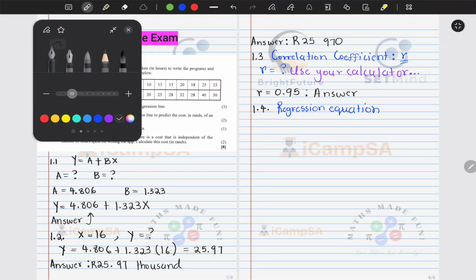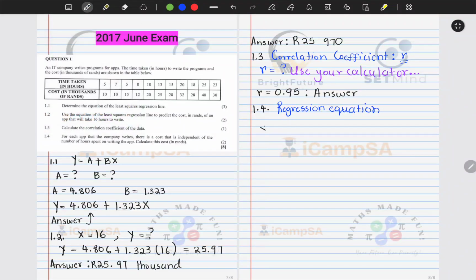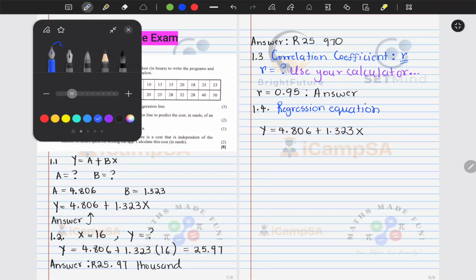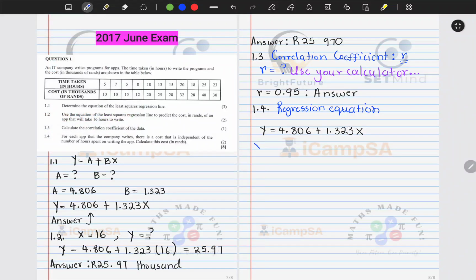If you look at our regression equation, what we found was that it is 4.806 plus 1.323 times x. So we are asked, what is this fee that the company charges regardless of the number of hours spent? Let's think what happens at x equals 0.